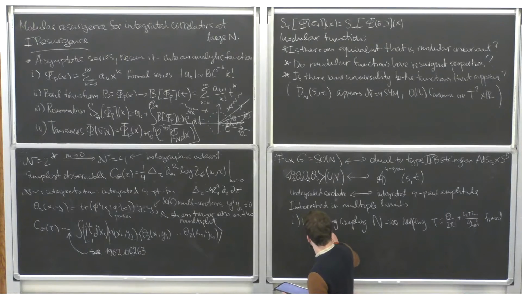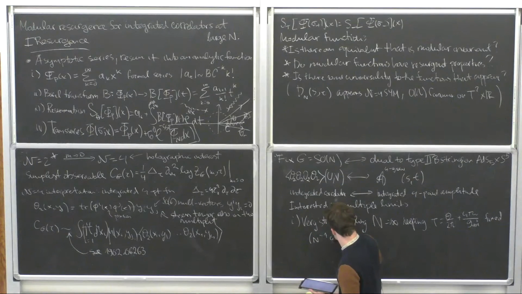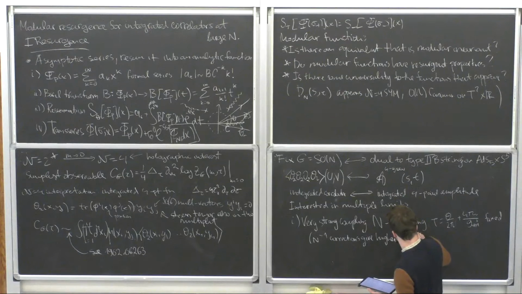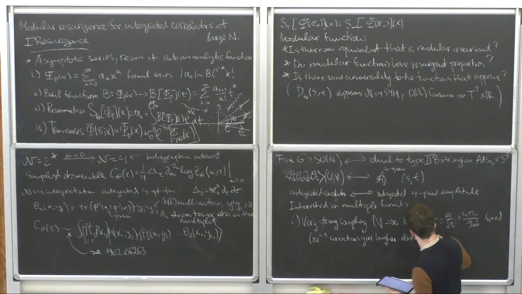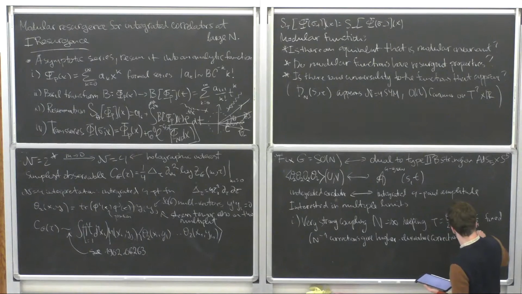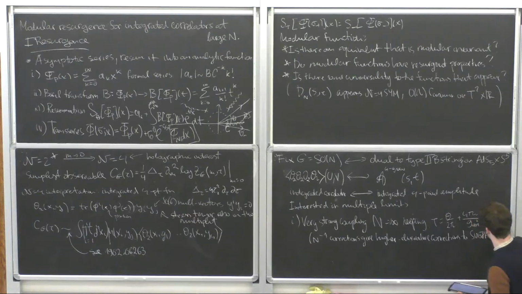And if I consider corrections in N inverse, these give higher derivative corrections to supergravity. So for example, R to the power 4, or D4 R4, and so on. So these first two you can actually extract exactly from this limit. They're just the Eisenstein series E 3/2 and the Eisenstein series E 5/2.